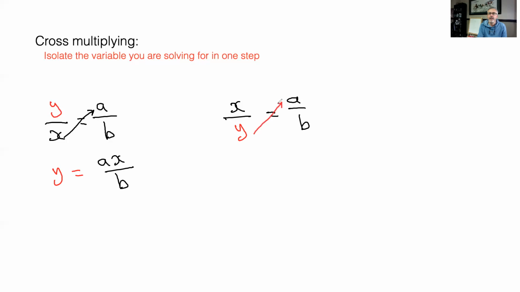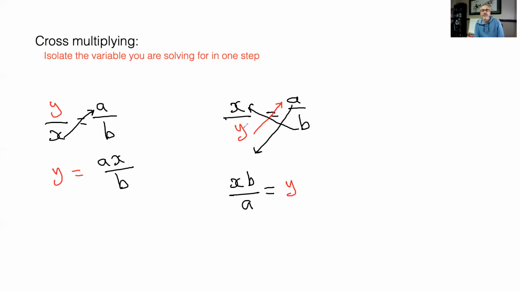Cross multiply the y there, cross the a where the y is, cross the b to the x. So therefore, we have xb over a equals y.